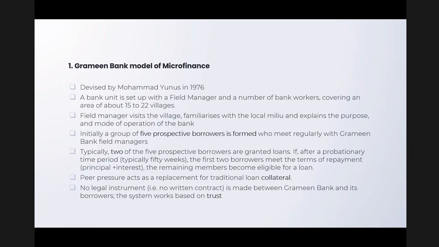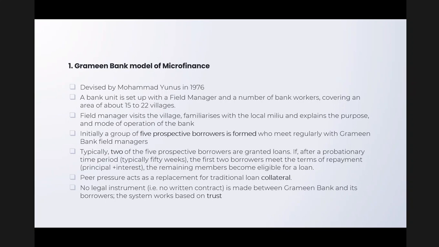In this model, we are taking advantage of peer pressure. Peer pressure acts as a replacement for traditional loan collateral. If you are forming a group of borrowers, every borrower will feel peer pressure and shame from the rest of the members of that team, that if he or she will not repay, then what other people will think about her or about him.